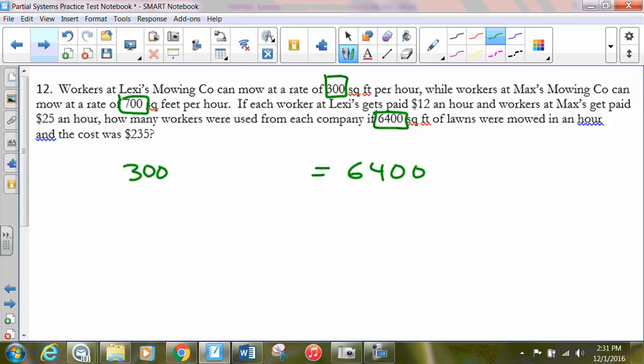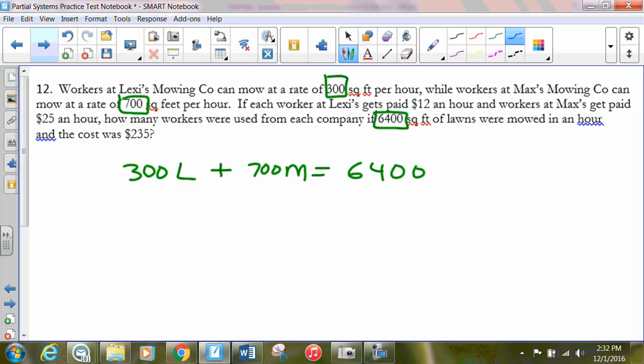So at 300, workers at Lexi's can mow at a rate of 300 square feet per hour, so I'm going to put L because the 300 goes with Lexi's workers. And then the workers at Max's company can mow at a rate of 700 square feet, so I'm going to put that there. So that is one of our equations. It is the square foot equation.